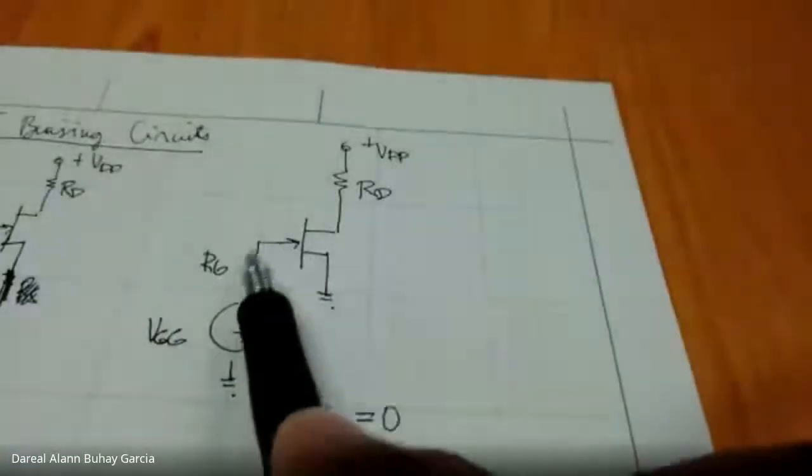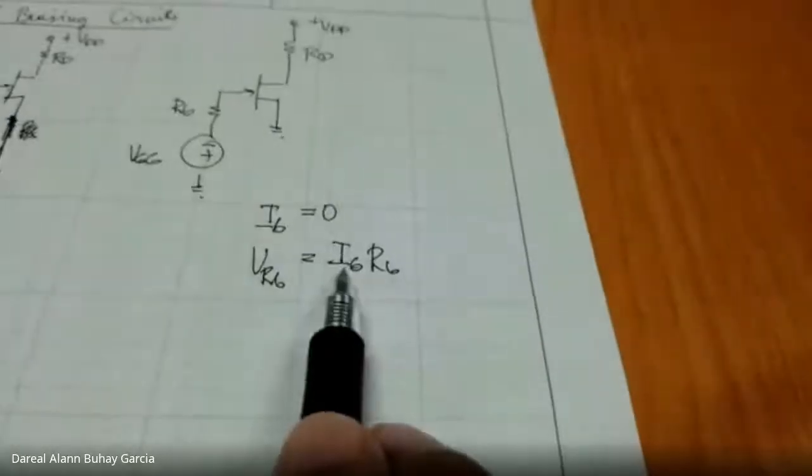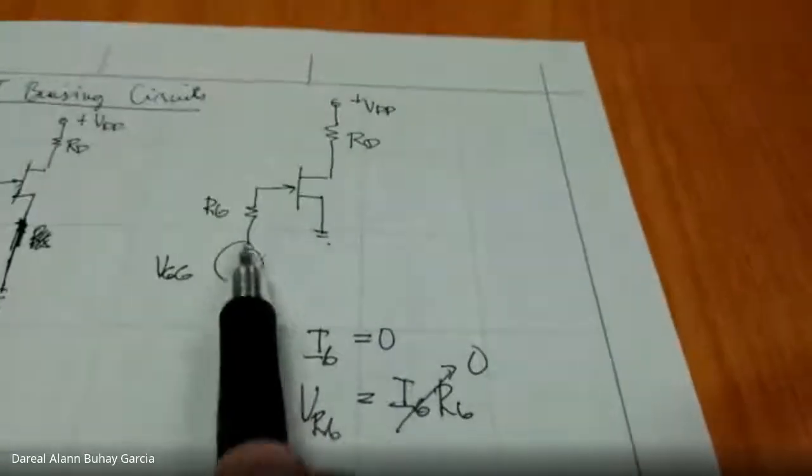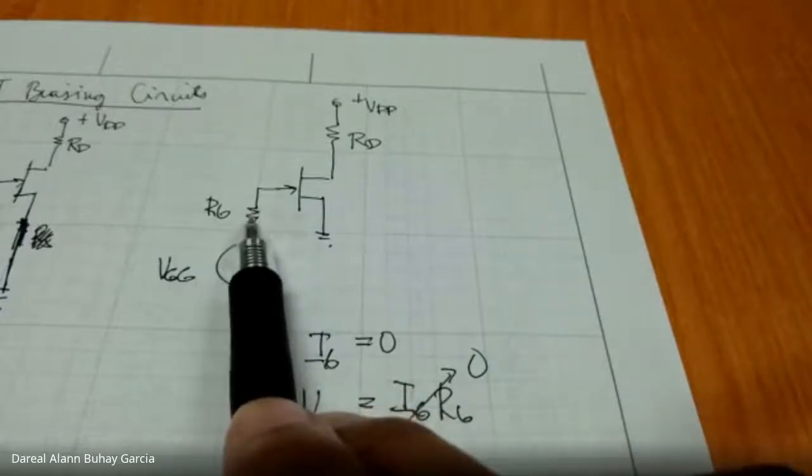So, if IG is equal to 0, wala current nga mo-flow sa atong RG. Meaning, the voltage across RG is IG RG, but IG is 0. So, it's as if wala niya exist ni nga resistor, no? Si RG.